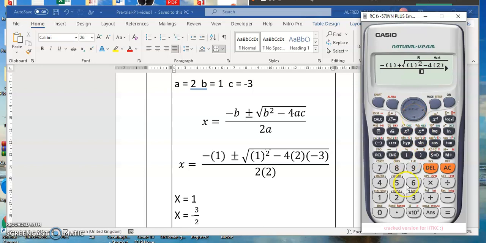Move the cursor down, then you have your 2 times 2. Close the bracket, equal. You see that it gives you 1.